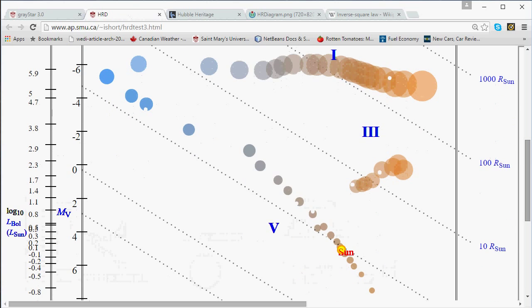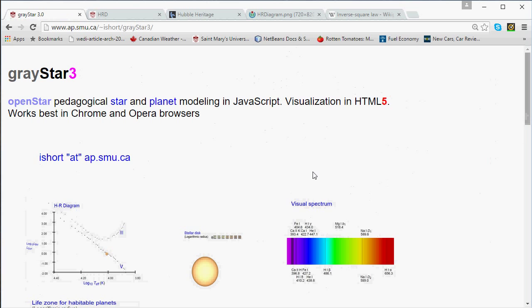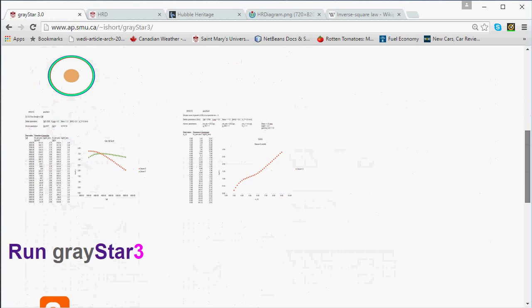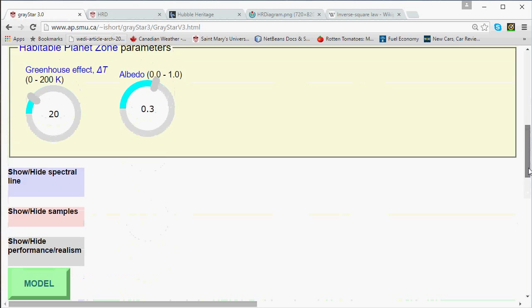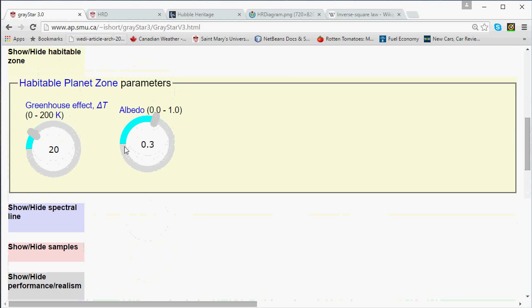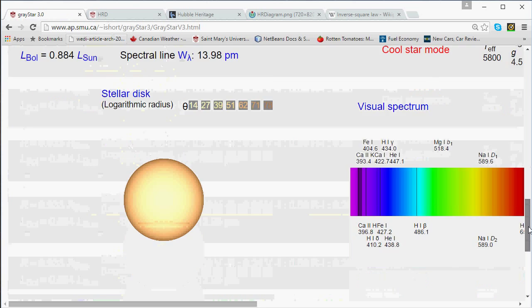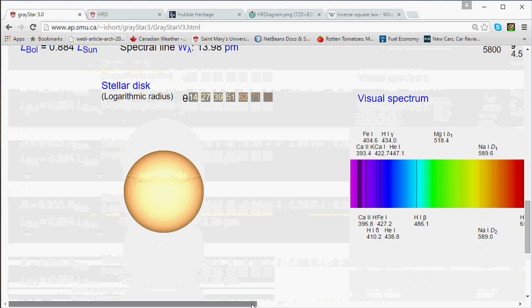Now there's one more episode coming, and that's episode 6. In episode 6, we're going to deal with a bonus topic. Let me run grayStar 3 here again. In episode 6, we are going to talk about what's going on in this second control panel here, which controls the surface conditions of a planet that might be orbiting our star.